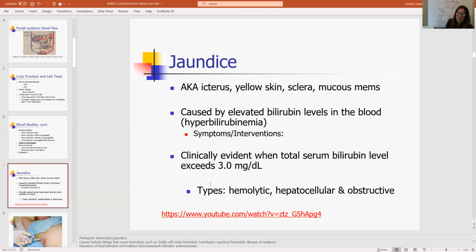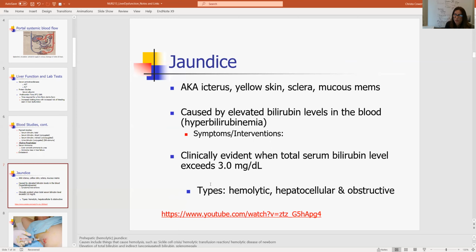Commonly, we start to see clinical evidence of jaundice when the serum bili is greater than 3. So total bili greater than 3, it all kind of rhymes: bili greater than 3, jaundice. You may see it when the patient has a bilirubin of 1.8 or 2.